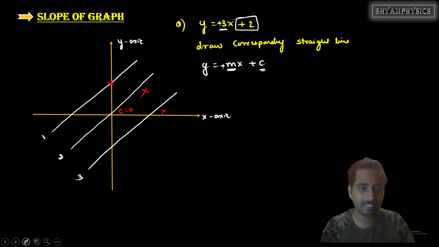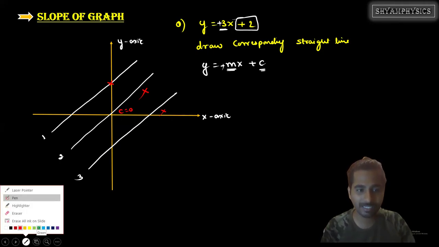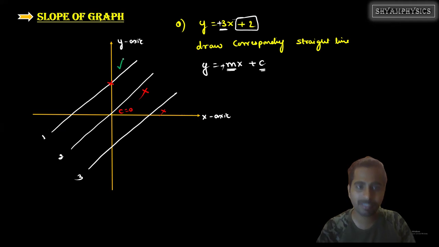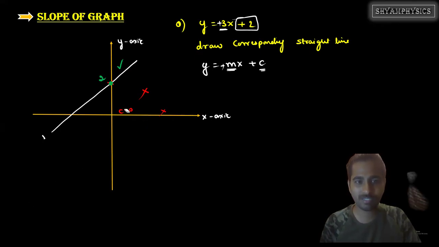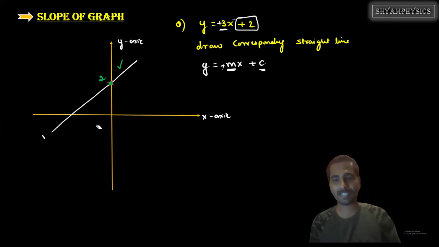Then the correct graph for this scenario will be this one. Here the intercept value is 2 and the slope value is 3. Understood? And options 2 and 3 are wrong. We may remove these. Then this is the correct answer.